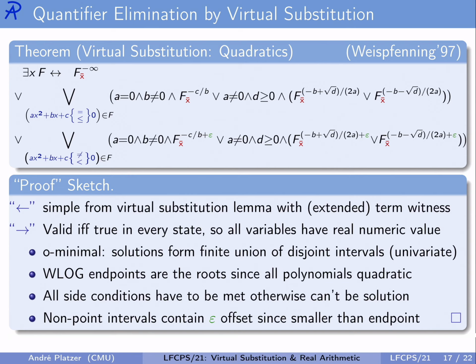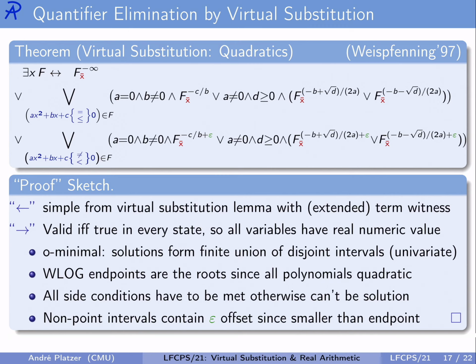Now, without loss of generality, we have moved the interval endpoints such that they exactly correspond with all the roots, because all the polynomials are quadratic in x, which was one of the assumptions of the virtual substitution theorem for quadratic polynomials, so no other roots can actually exist.